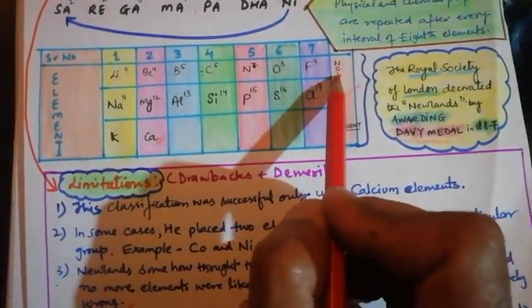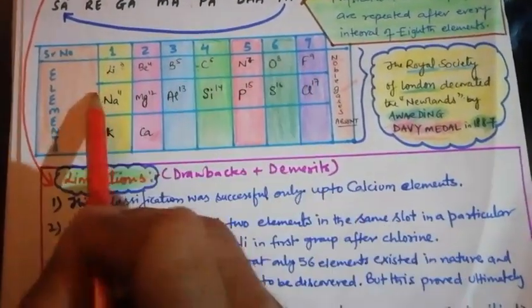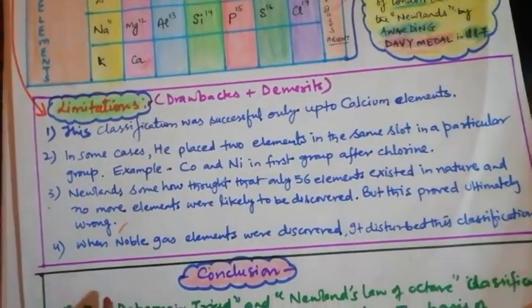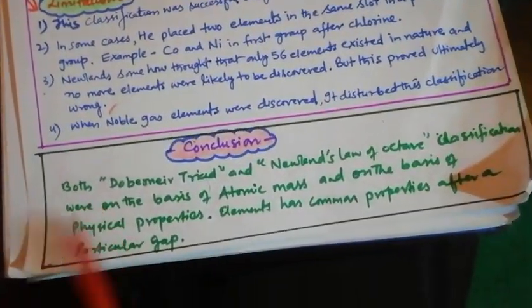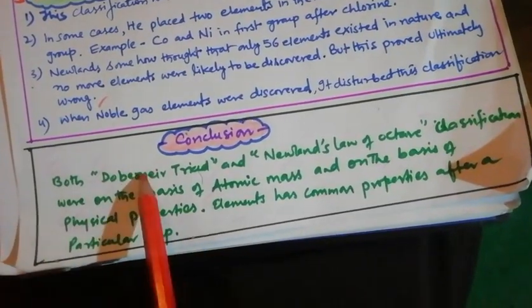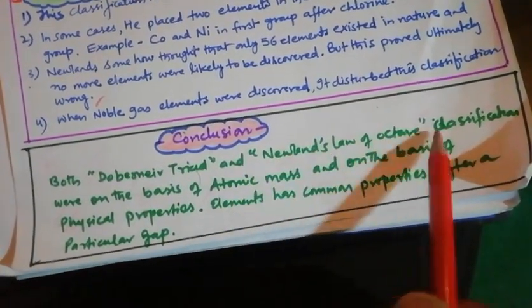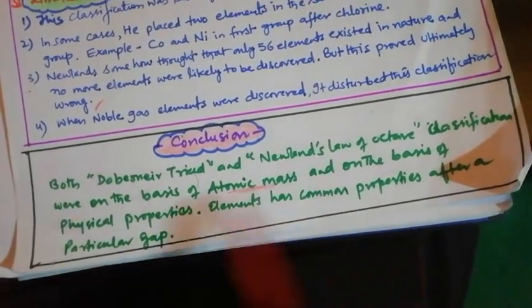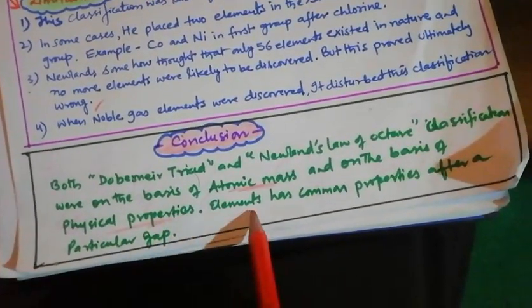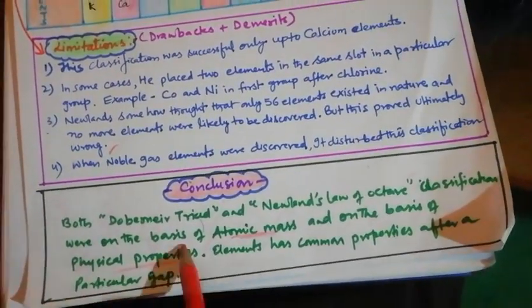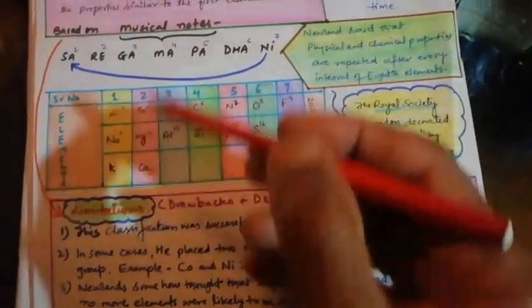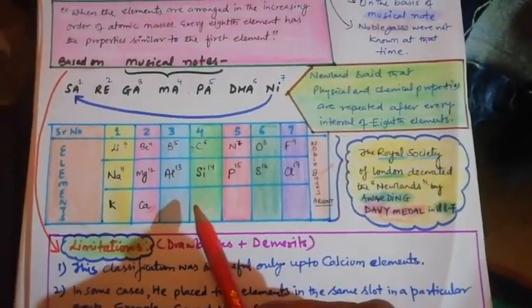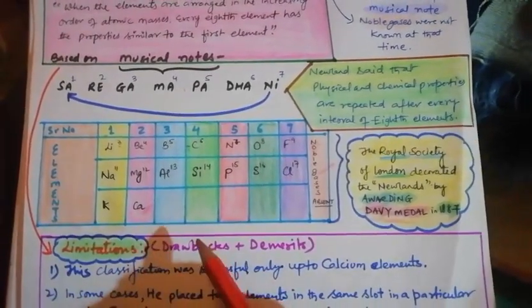That is why every 8th element having the same property no longer held. So the conclusion is that both Dauvergne triads and Newlands law of octaves classifications were on the basis of atomic mass and physical properties, and that elements have common properties after a particular gap. This was a remarkable contribution. Because of these limitations, a new type of classification came, Mendeleev's classification, which we will discuss in the next video.